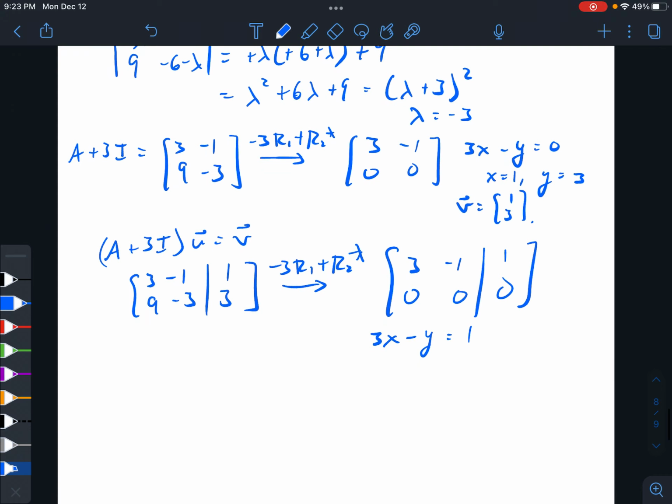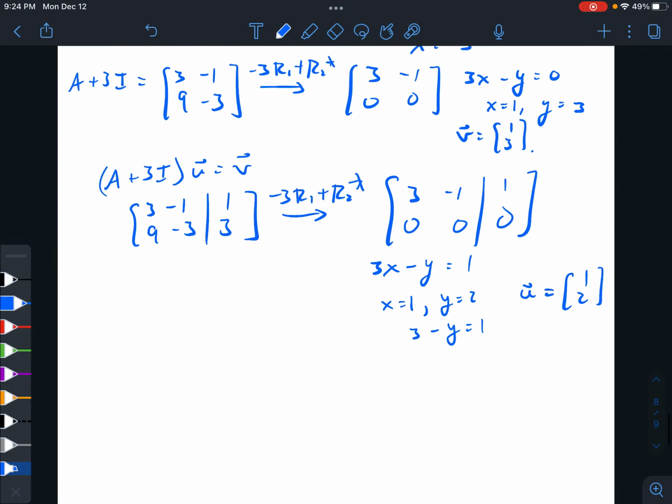Now I just have to pick some x and y values. So let's see, probably easiest to just pick x equals 1 here because this is being multiplied by a 3 and I want to have some whole numbers in my vector. If I do that, then I get 3 times 1 minus y is equal to 1. Solving for y, you get y is equal to 2. So our u is going to be (1, 2).